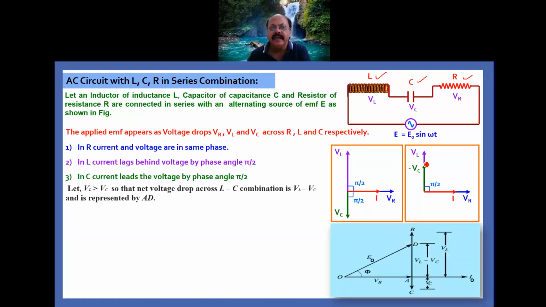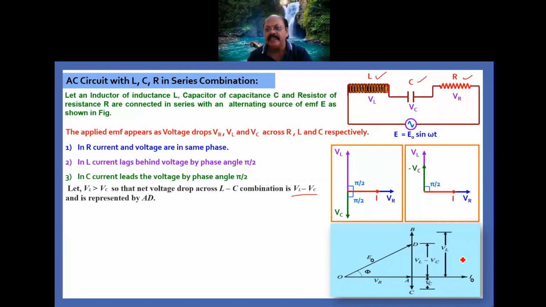As we are saying that VL is greater than VC, the net voltage drop across the LC combination becomes VL minus VC, and that is represented by AD in the impedance triangle. This triangle is known as the impedance triangle.